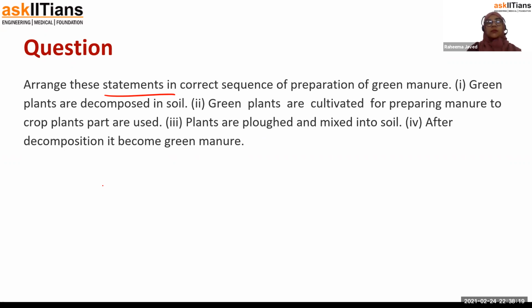Then plants are plowed and mixed into soil. Then green plants are decomposed in soil. And then lastly, after decomposition, it becomes green manure. So this I have arranged in correct sequence.